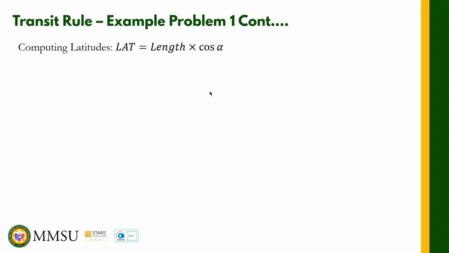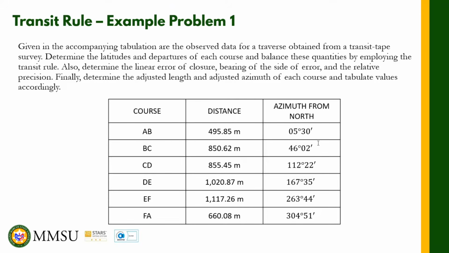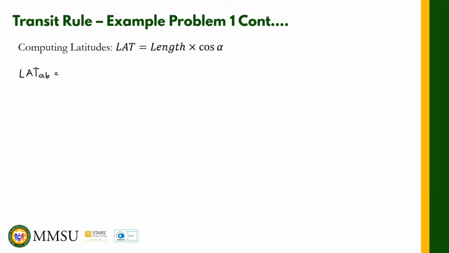Okay, so let us solve for the latitude of each course. First, we have the latitude of AB. So the latitude of AB is equal to the length of AB times the cosine of the azimuth from the north. So we have 495.85 meters multiplied by the cosine of 5 degrees, 30 minutes.